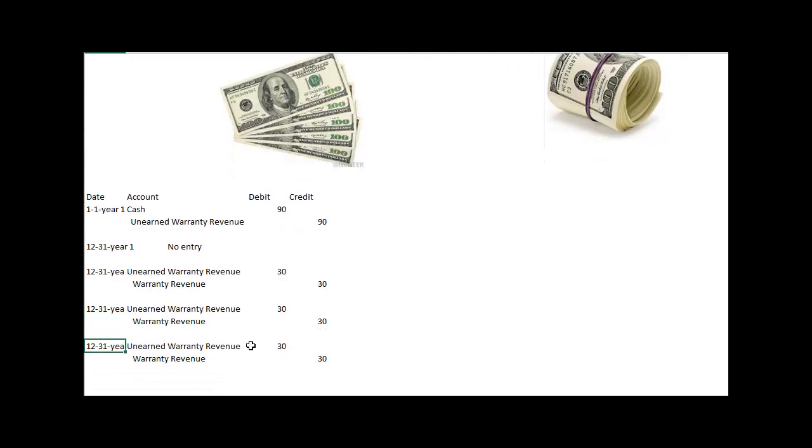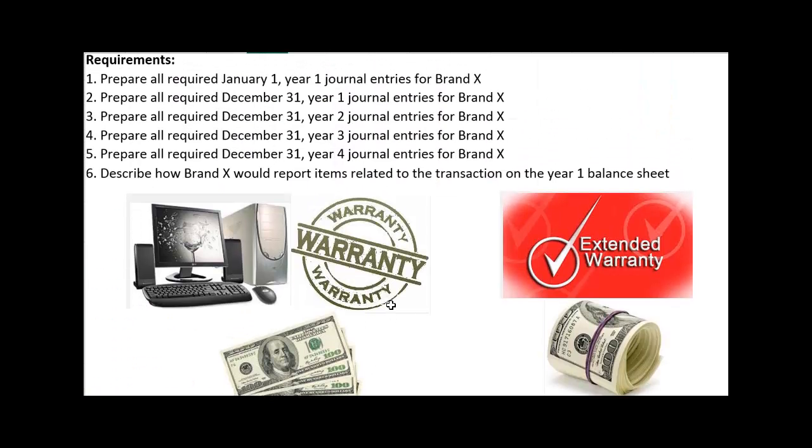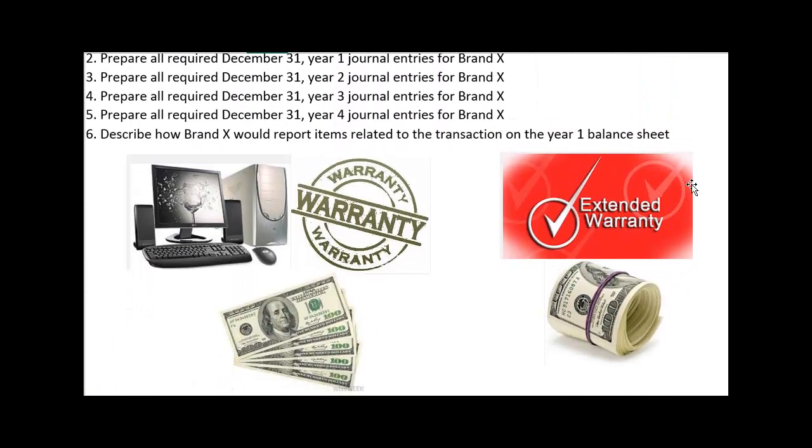And you do the same thing at the end of year 4, at which point we now have earned $90 of revenue, and that liability has now been eliminated. We've adjusted for that accrual up front. So that's how we account for an extended warranty, at least the revenue portion of it.